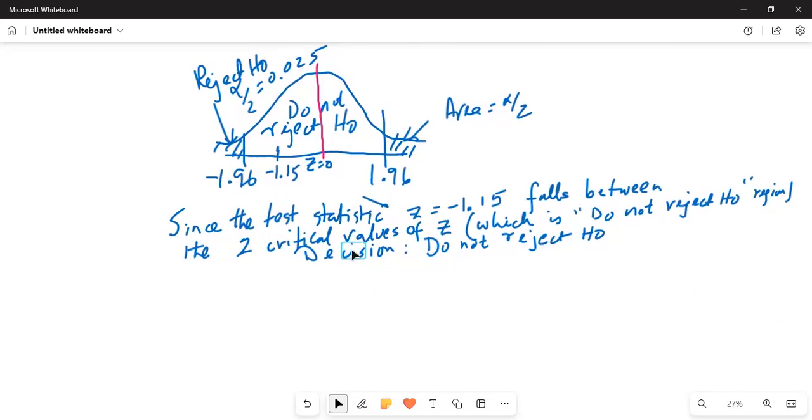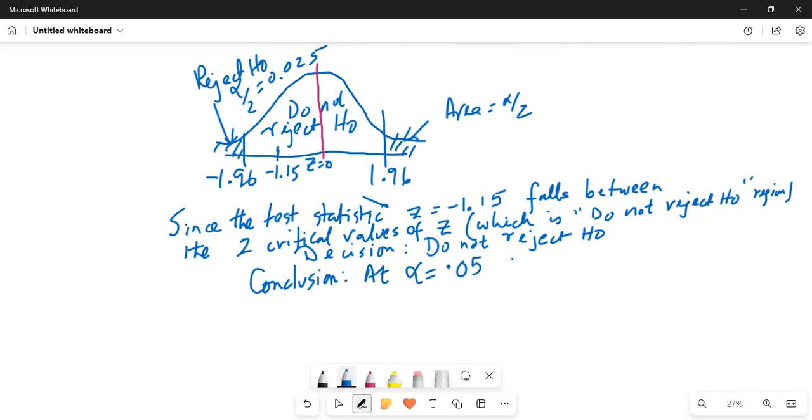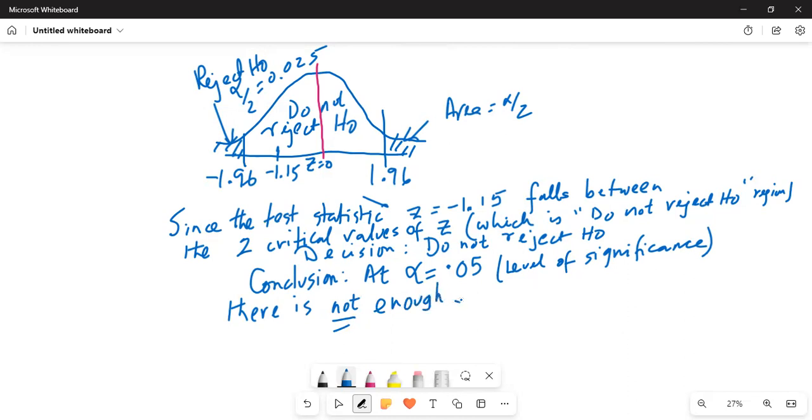So your conclusion is, at alpha equal to 0.05, remember, level of significance, maximum probability of making type 1 error, there is not enough evidence to support HA, because we did not reject the null hypothesis.